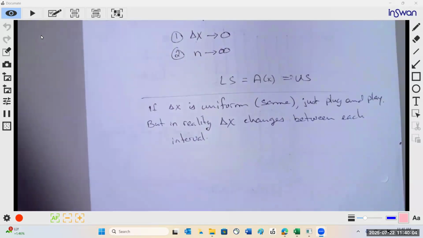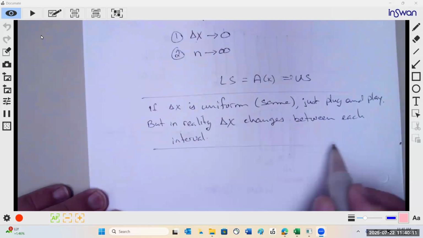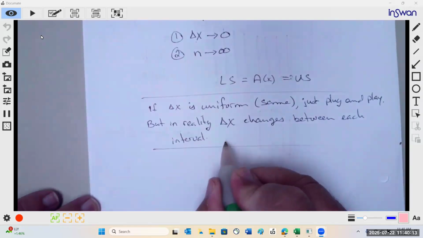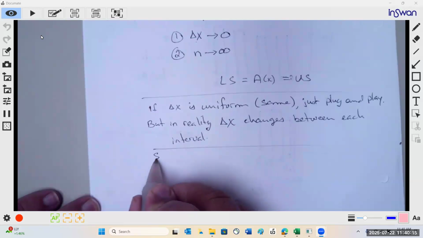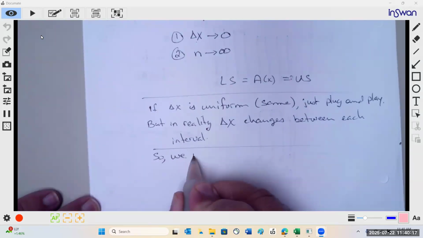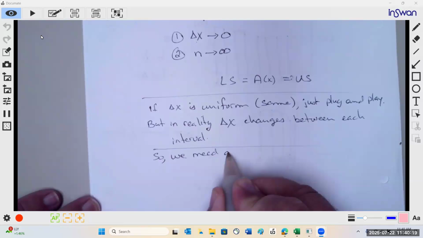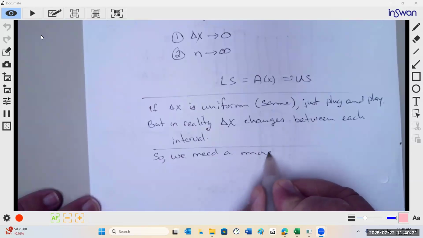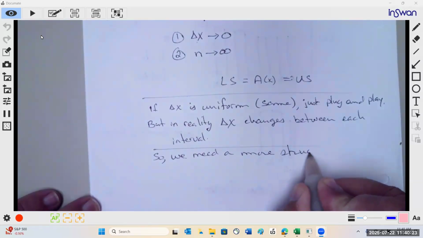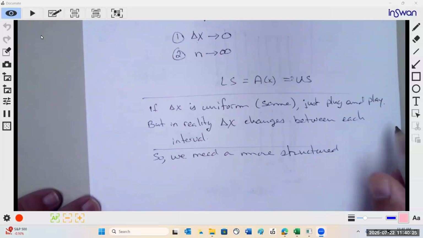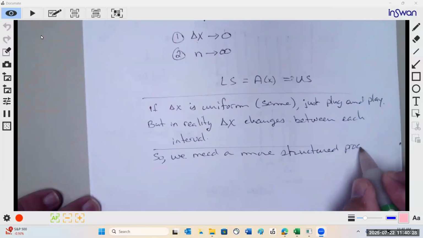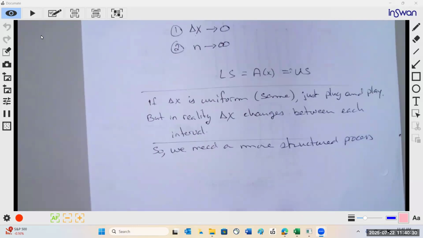So the first thing we have to do is we need a more structured process.